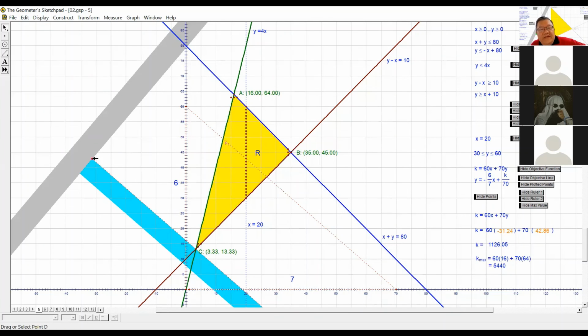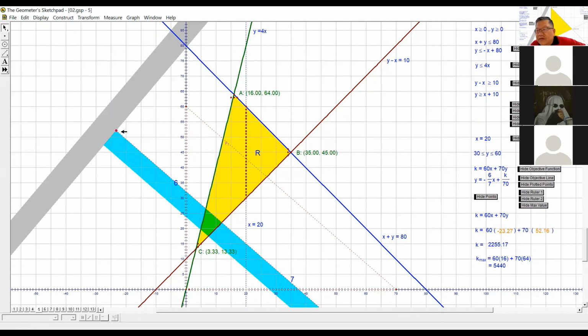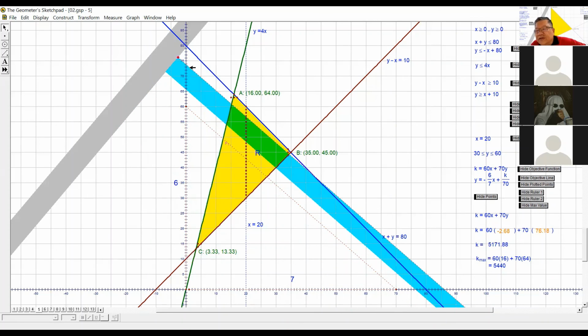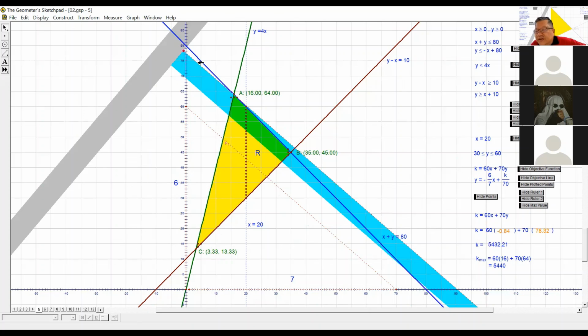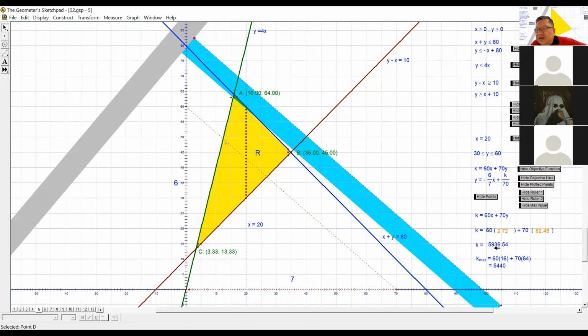As I move further and further, you can see that the number k keeps increasing until it is about 5,040. When it reaches A, it's about 5,440. If you move it up, the value is more, 5,900.